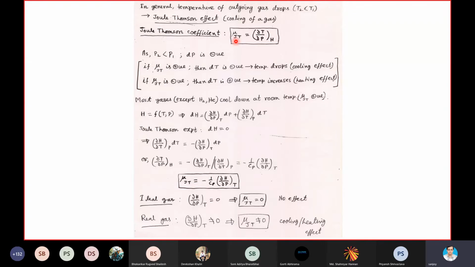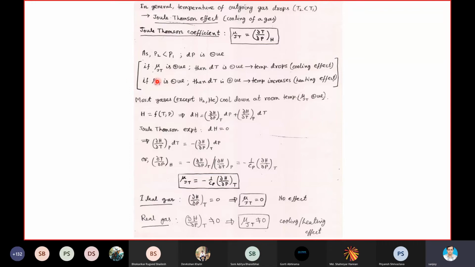So looking at the sign of mu, this coefficient, you can tell whether there will be a heating effect or a cooling effect. For mu to be positive, dT must be negative, so temperature will drop. Final temperature will be less than the initial temperature. So there is a drop in temperature, which is a cooling effect.